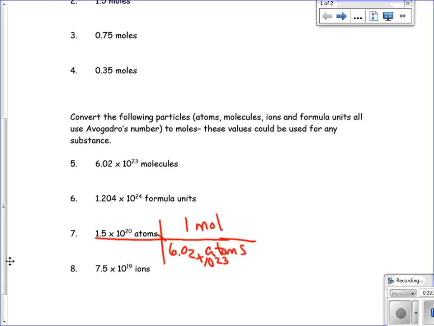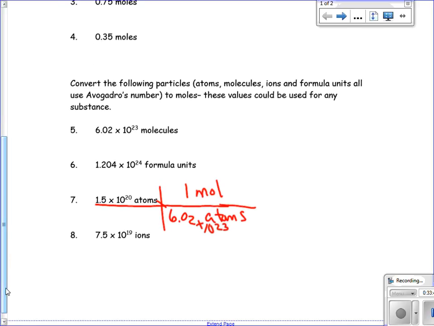Now this time you're multiplying by 1 and dividing by the 6.02 times 10 to the 23rd number. So when you get your answer, how many digits do we get to keep? This one's coming out in scientific notation for me, so I'm just going to keep a couple digits here. How many do I get to keep? Only 2 again.